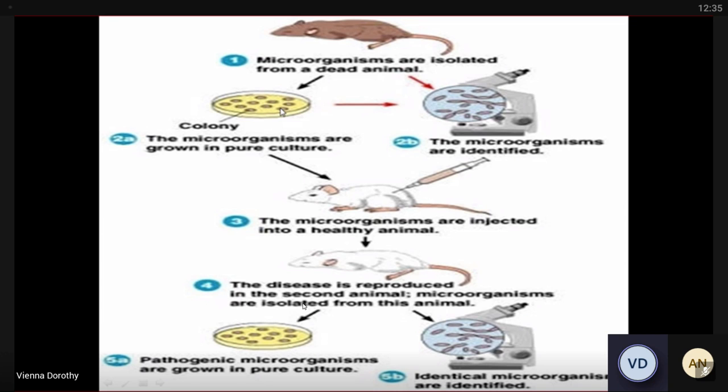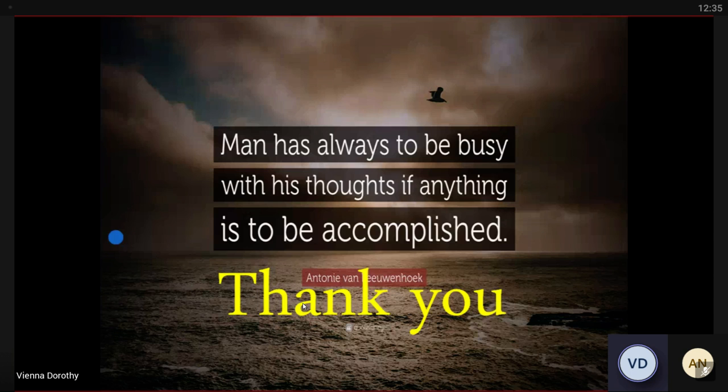If those organisms, when grown in the lab conditions, I inject into a healthy animal, the healthy animal also should get the same symptoms like the first animal. And from this animal, I take out the organism from the second animal, I should be able to see the same organism that was identified when I had isolated the organisms from the first animal. So this is another representation of the Koch's postulates. Whichever is easy, you can probably use.